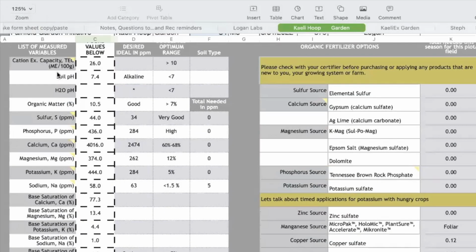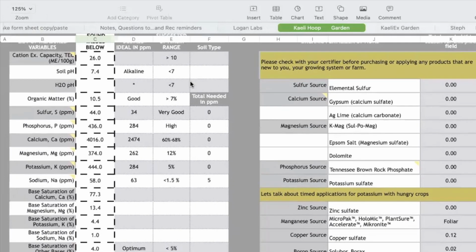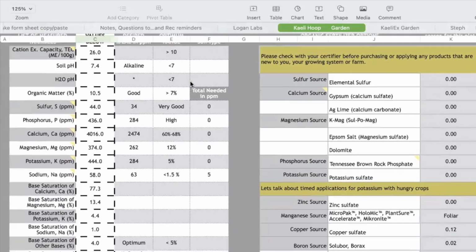And so we're going to go over this first one here, Kaylee, your hoop. What we're seeing is, first I just take a look and see what the pH is.